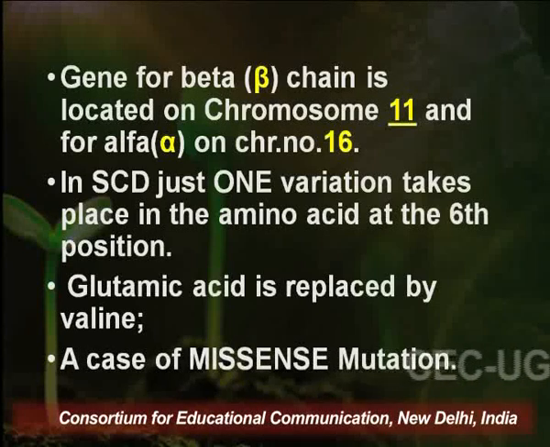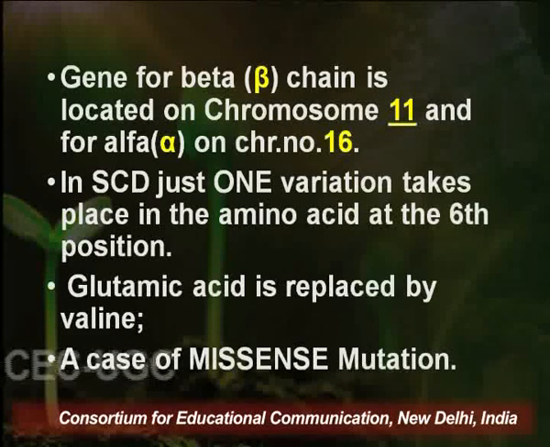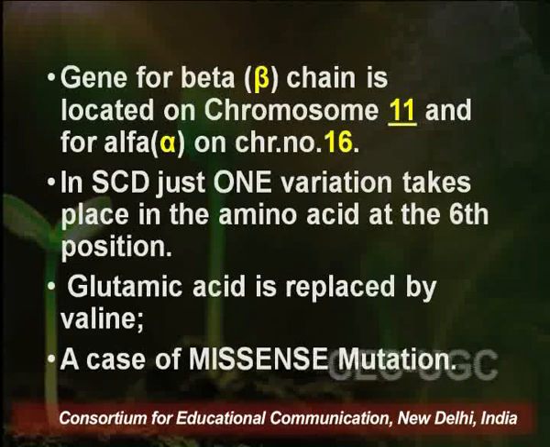And just one, I repeat, just one minor change or modification in one of the amino acids in one of the chains is responsible for playing havoc and converting a normal RBC into a sickle cell one.